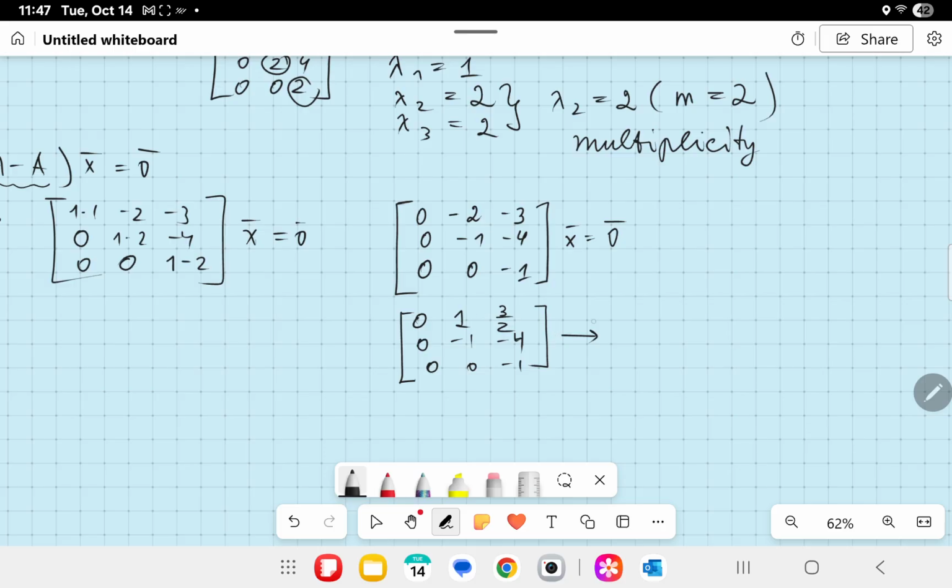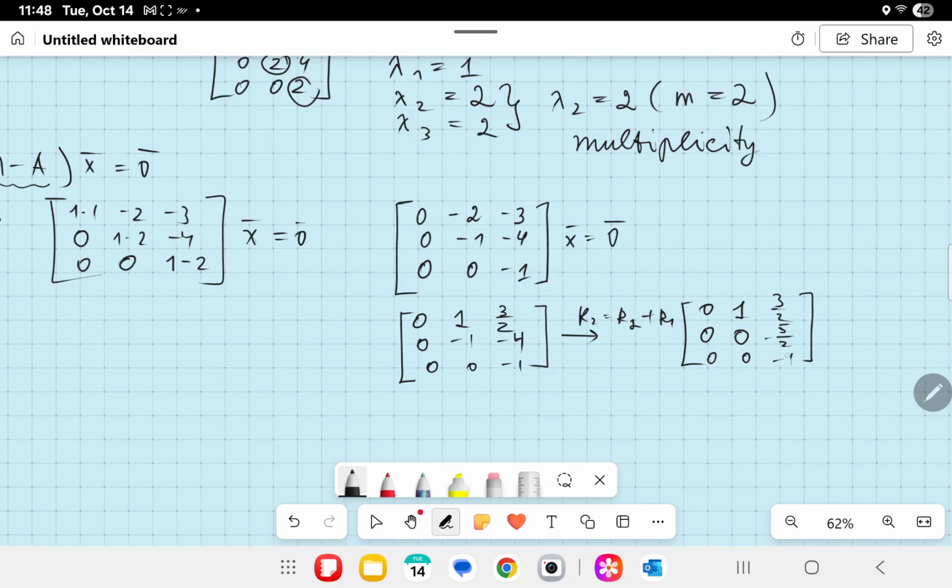My next modification is going to be row 2 equals row 2 plus row 1. So I have 0, 1, 3/2, 0, 0, and -4 plus 3/2 is going to be -5/2, right? And I have 0, 0, -1.